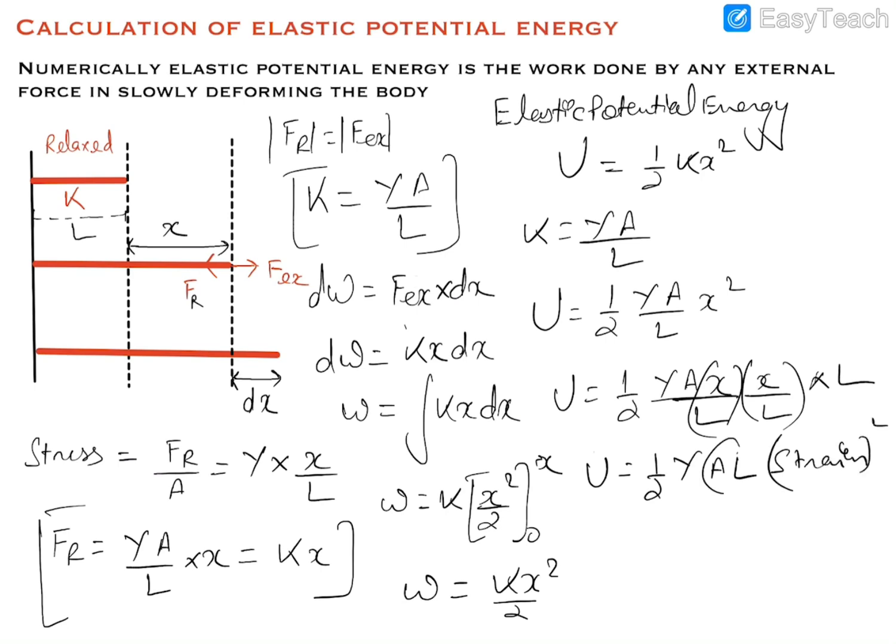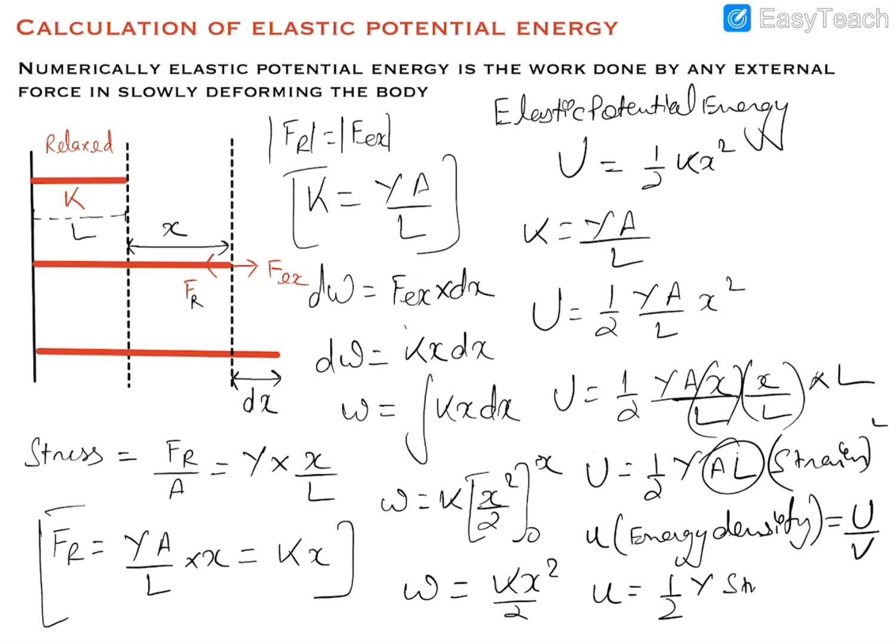So A into L is the volume of the wire, and U is the energy density. So energy density will be equal to energy per unit volume. So U is equal to half gamma into strain square. This is one formula for the energy density of a wire which is stretched or deformed.